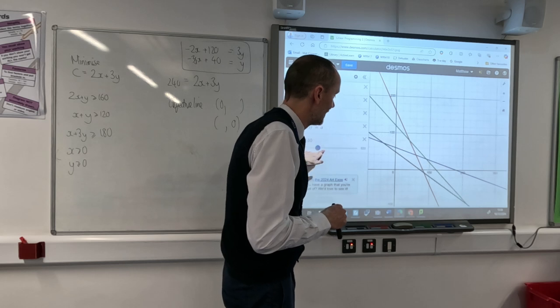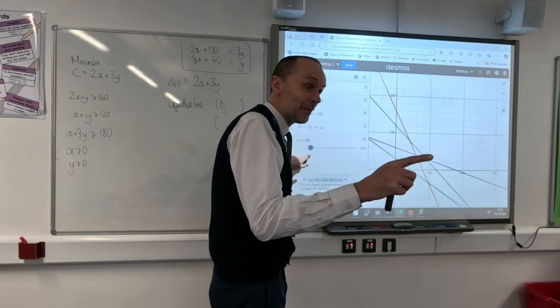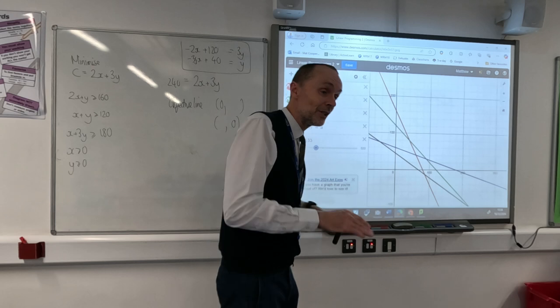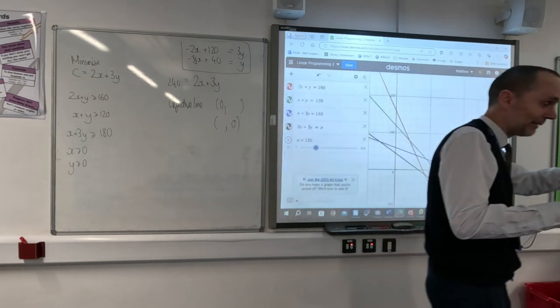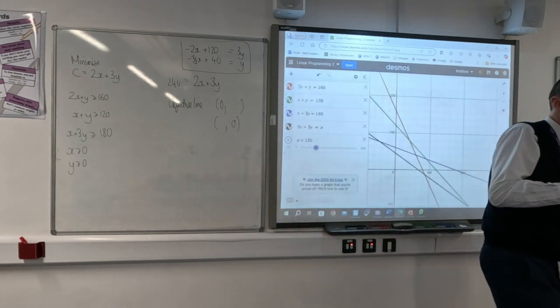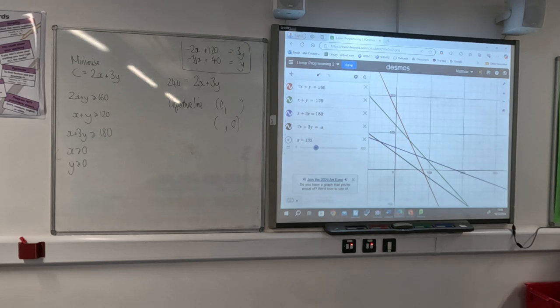Now, up at Desmos, what you are expected to do is take your ruler, put it along the line that you've just drawn, and just slide it up parallel, and use that to identify the first point that you cross.